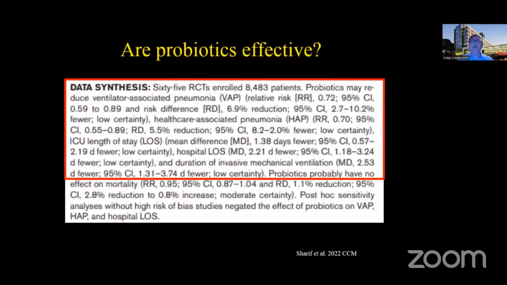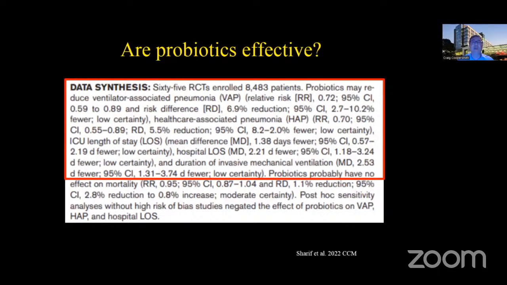So again, this is larger. This is including the data that I just showed you. This is now 65 randomized controlled trials, 8,400 patients. The largest trial is the one that I just showed you at 2,600 patients, which makes up a little more than a third.